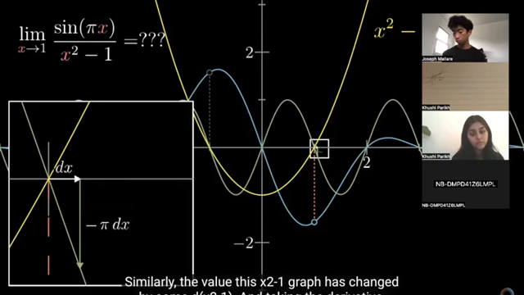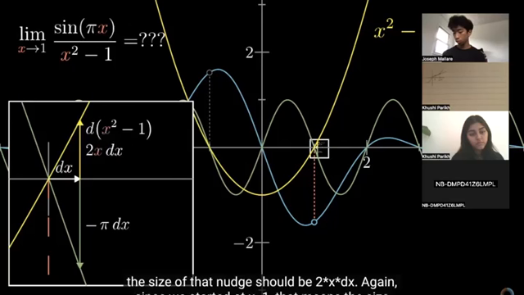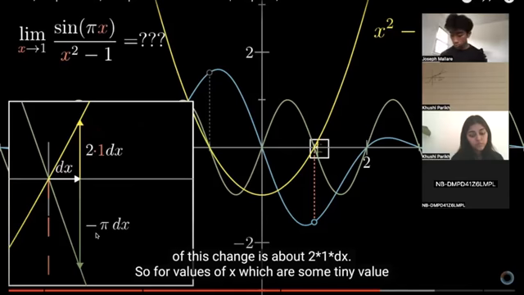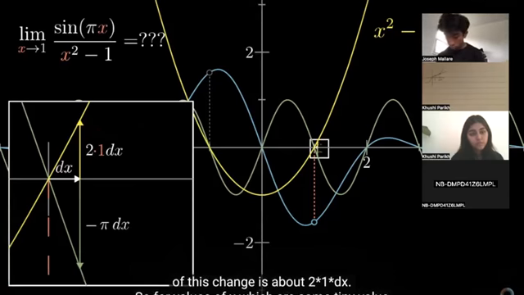Similarly, the value of the x squared minus 1 graph changes by some d(x squared minus 1). And taking the derivative, the size of that nudge should be 2x times dx. Again, we were starting at x equals 1, so we plug in x equals 1 to that expression, meaning the size of that output nudge is about 2 times 1 times dx.